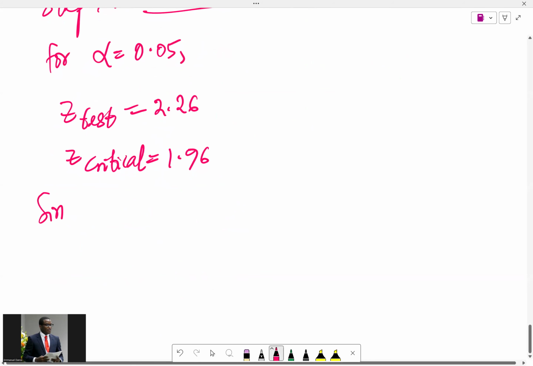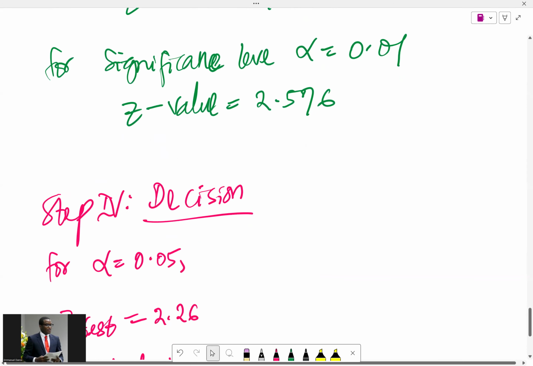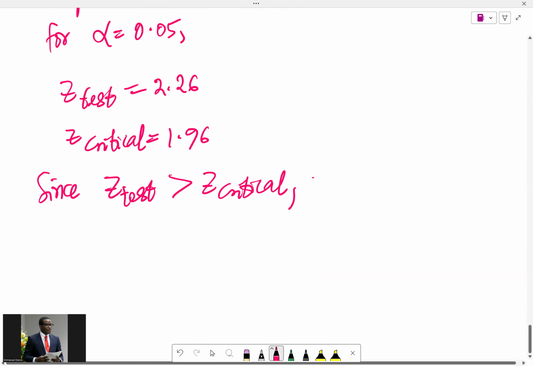Since Z test is greater than Z critical, what do we do?